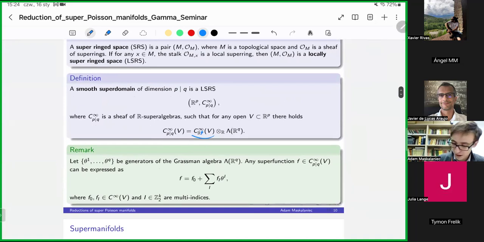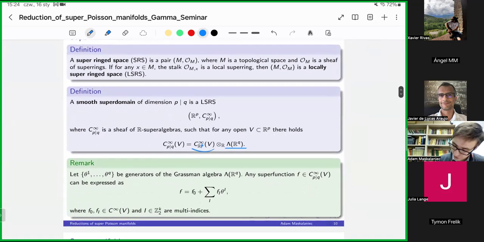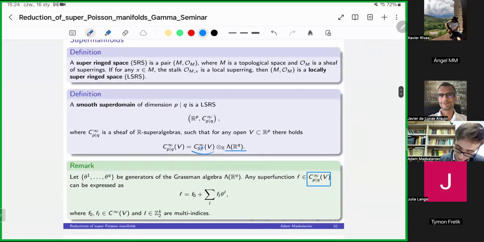Tensored over R with the Grassmann algebra of R^q. So we see that in this local model, elements of the ring C^∞_{p|q}(V), the ring of superfunctions, can be expressed as f_0, where f_0 is a smooth function, plus the sum of f_I times theta^I.